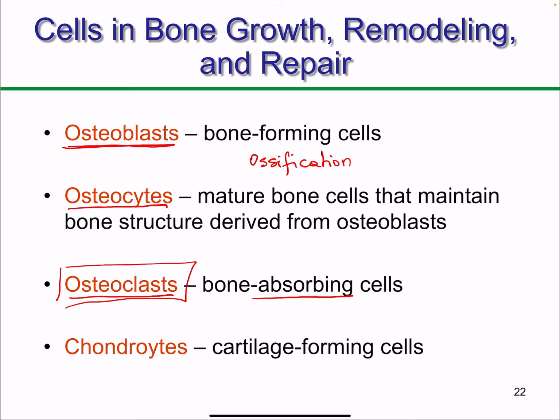That tough, solid matrix does not allow an easy circulation of nutrients and waste. As a consequence of that, when the bone is completely formed, the osteoblast gets trapped. It gets trapped, and as it gets trapped, the metabolic activity of the osteoblast is going to go down.